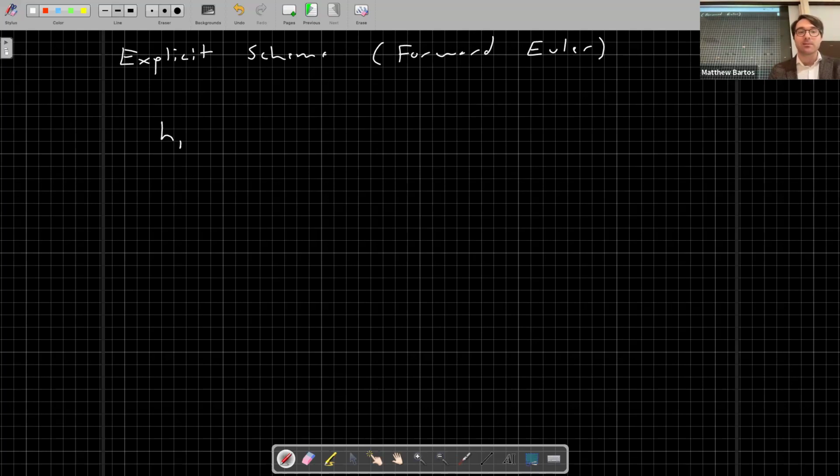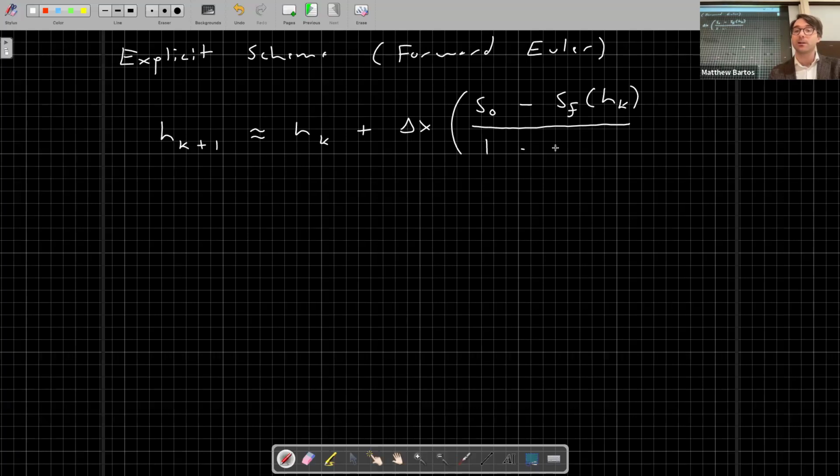So in general, it'll be given by the following recurrence relation. We have that the depth at the next spatial step is approximately equal to the depth at the current spatial step plus delta x times quantity bottom slope minus the friction slope evaluated at the previous spatial step, divided by 1 minus the Froude number squared evaluated at the previous spatial step.